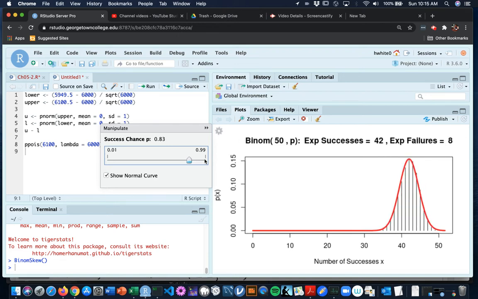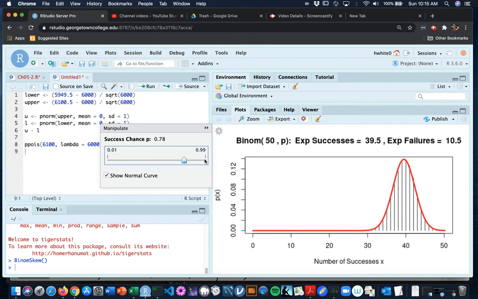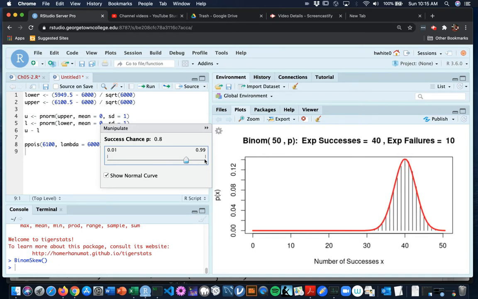And here I'm getting up to chance of success being 80%. Now the expected failures is up to 10. Both quantities are at least 10. And I'm looking at a distribution that looks a lot like a normal curve. So that's why they say what they say.